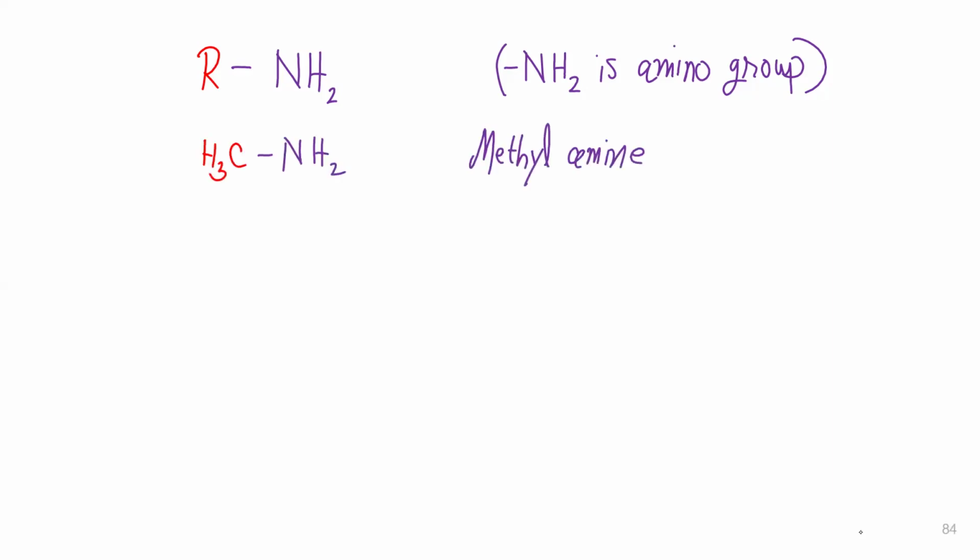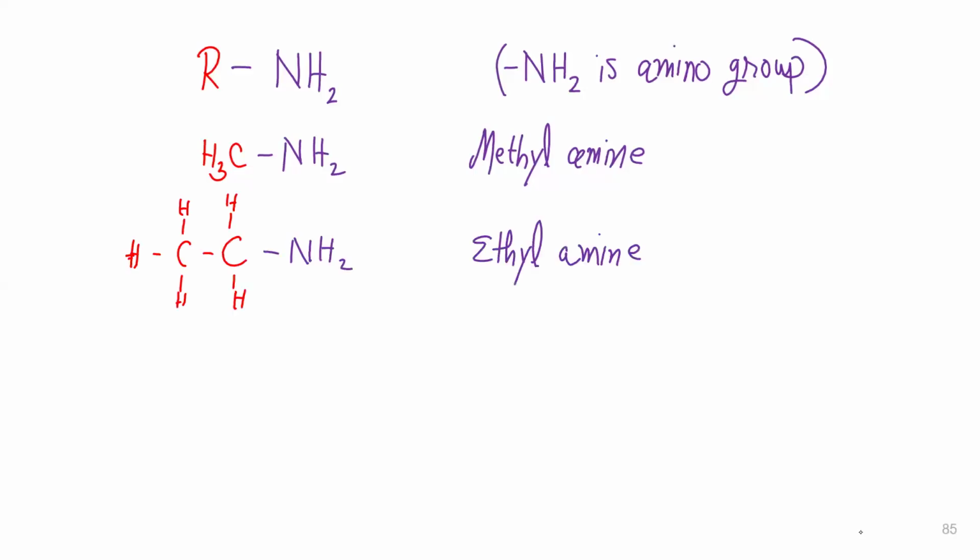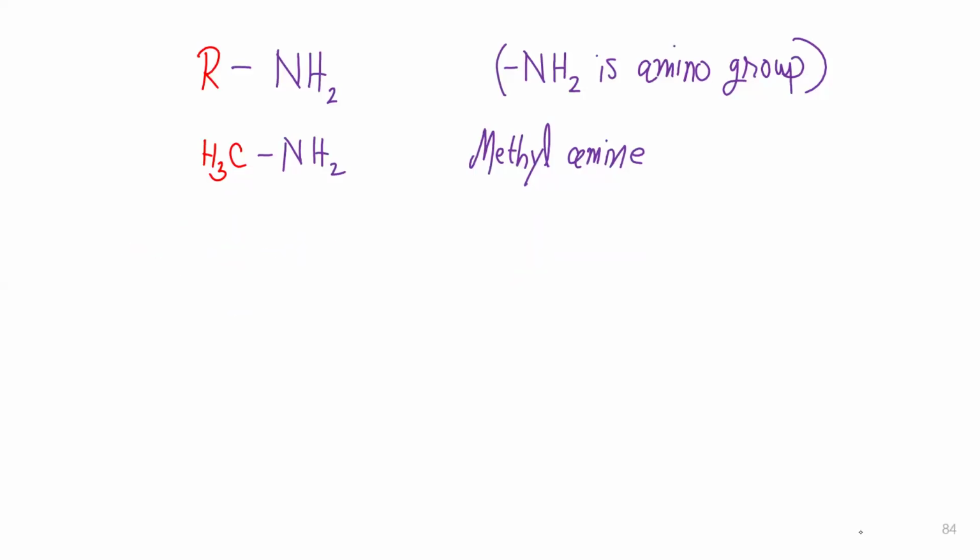Now, what is R? R is the alkyl radical. So R can be CH3, then it will become methylamine. You can write it CH3, but it's a convention to show the bond with carbon. I have to show the bonding with carbon, so I have written it in reverse.